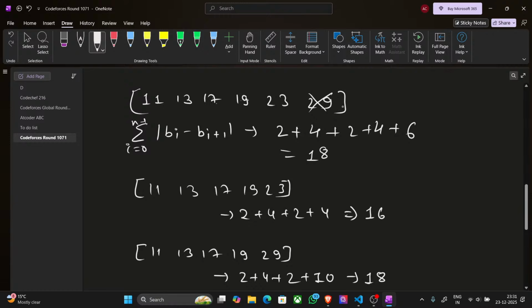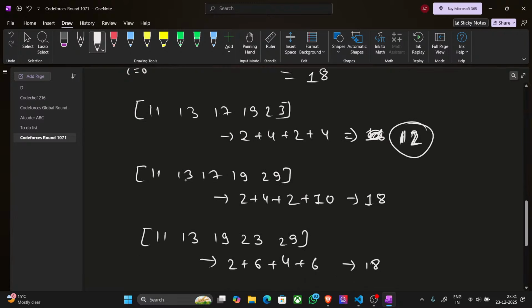I deleted 29 first, then the answer was 2 plus 4 plus 2 plus 4, which is 6 plus 6, 12. Okay, so the minimum answer is coming out to be 12.